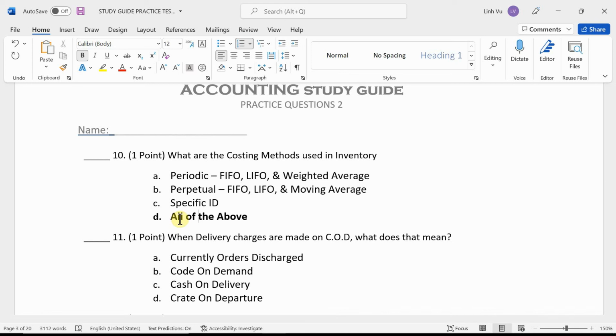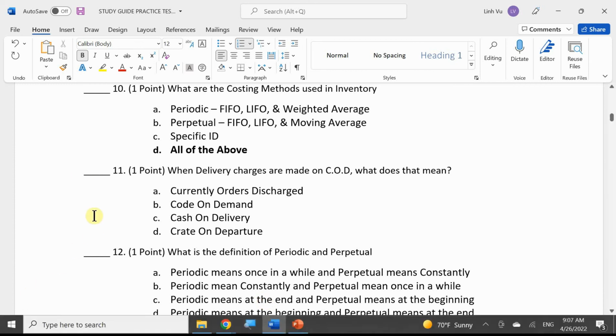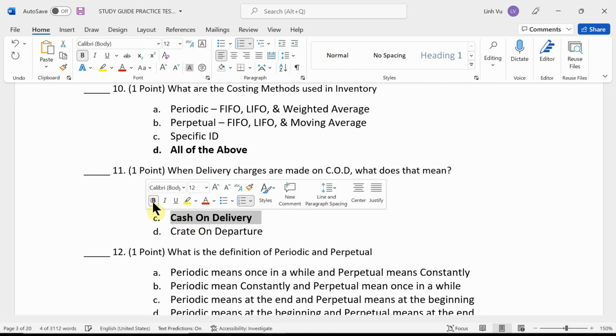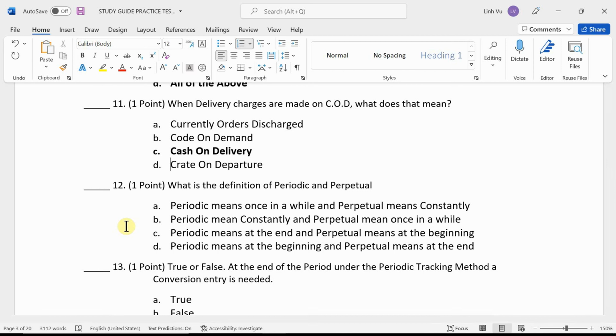Number 11. When delivery charges are made on COD, what does that mean? C, cash on delivery. Good. Number 12. What is the definition of periodic and perpetual?